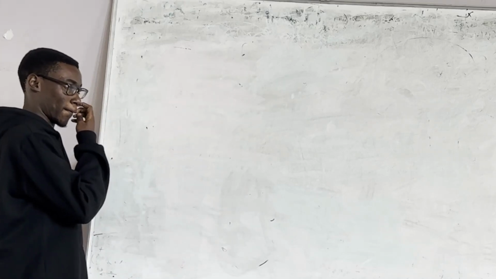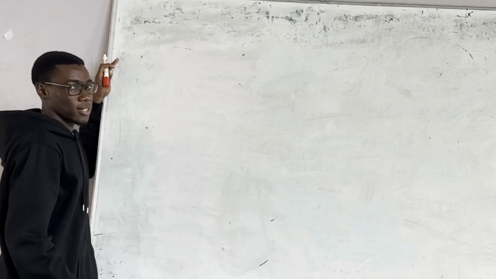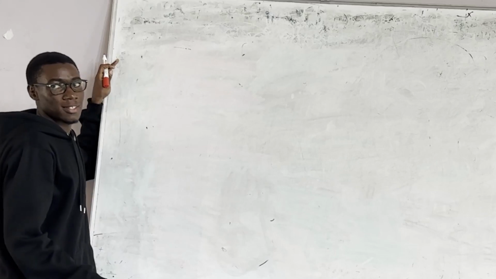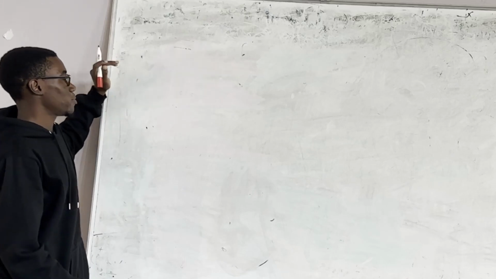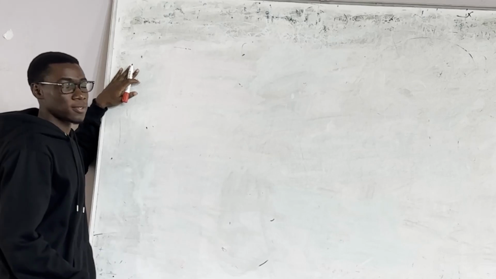I'm going to now look at arithmetic and geometric series. These are basically the most common types. An arithmetic series is one whereby there's a common difference between the terms.